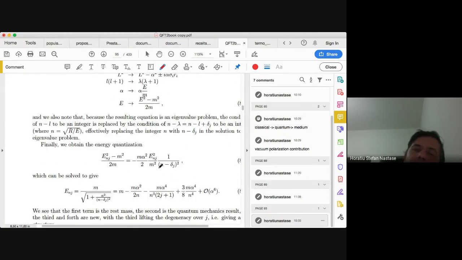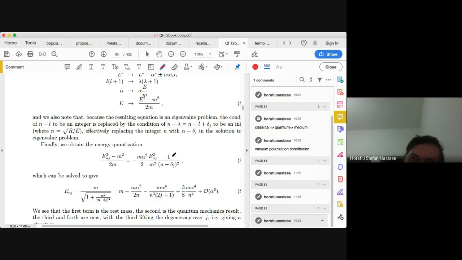So I have here n minus delta J squared instead of n squared. And on the other side, previously I had E, but now I replace that with E squared minus M squared over 2M. So E squared minus M squared over 2M is equal to this. All right. So that's the solution to the relativistic form, to the Dirac equation.